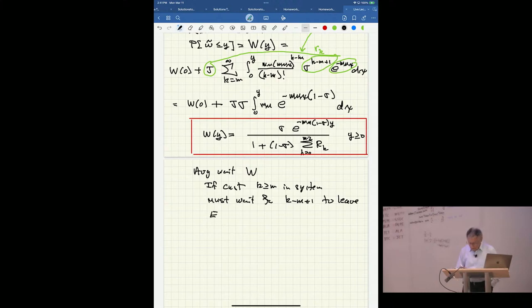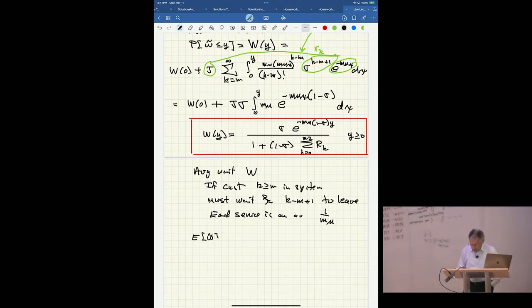Each service, as I said before, is on average 1 over mu seconds. It's exponential, GM.